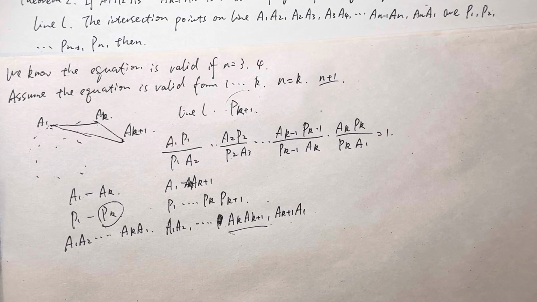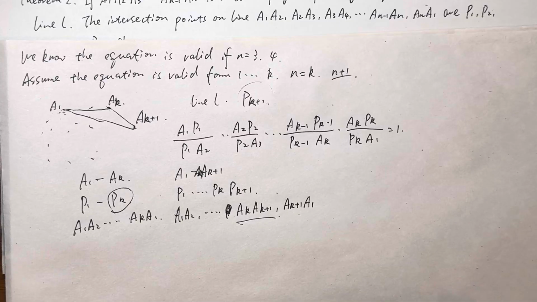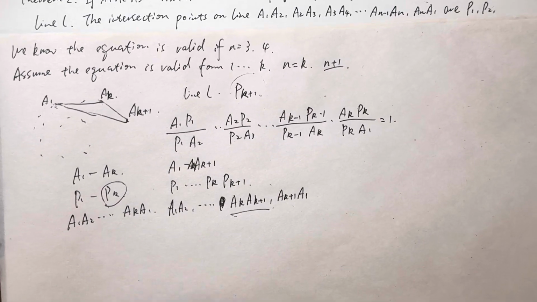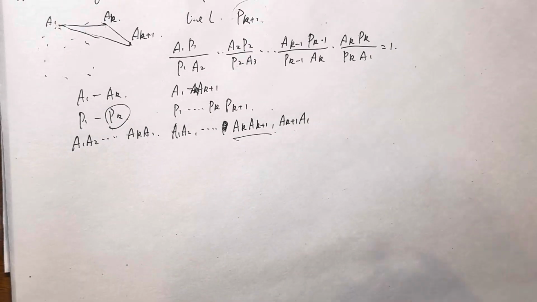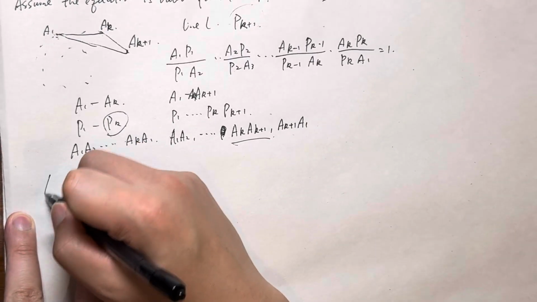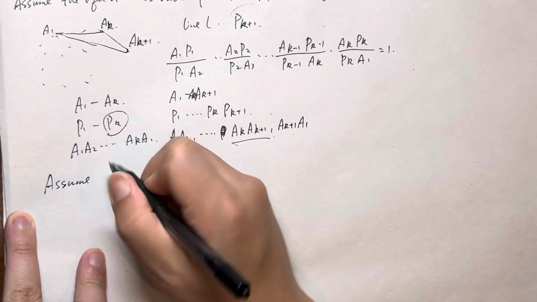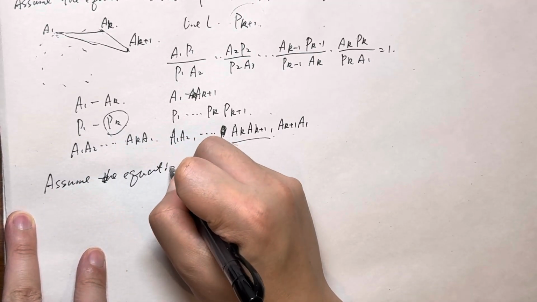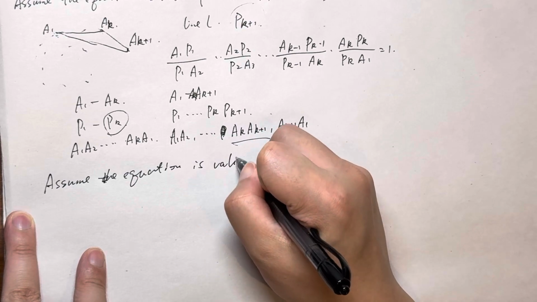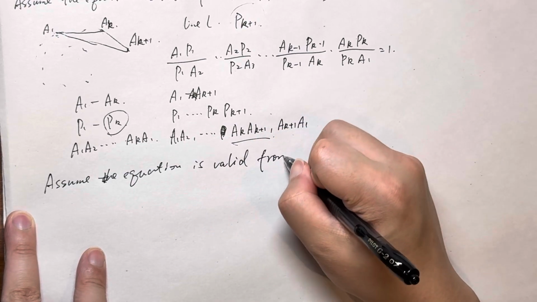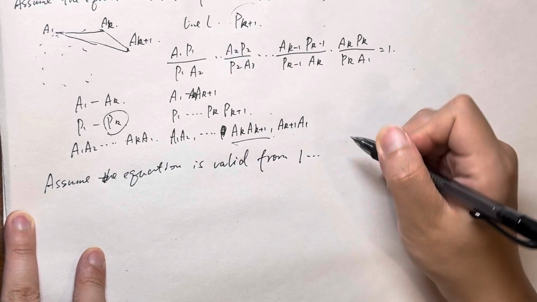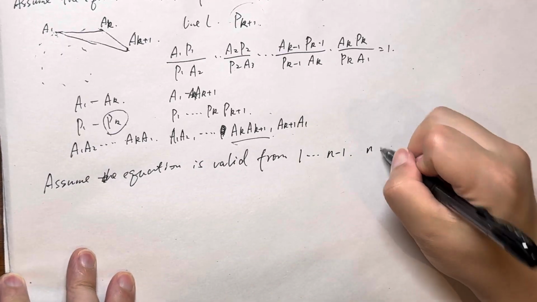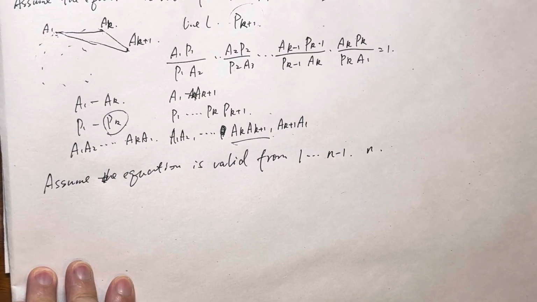Okay, I'm not saying removing one. I actually want to say that let's use a system that we assume the equation is valid from 1 all the way to n minus 1. Okay, we already have n points here, right?